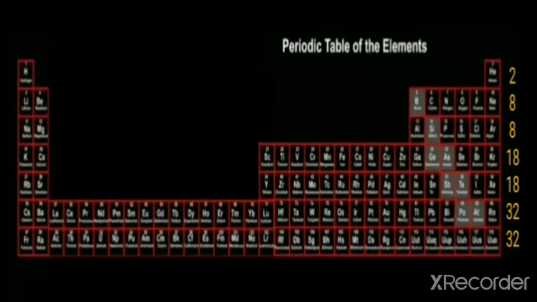When we make the sum of all these, we can find there are a total of 118 elements present in the modern periodic table. From this, there are man-made elements also, that is artificial elements, and there are natural elements also.